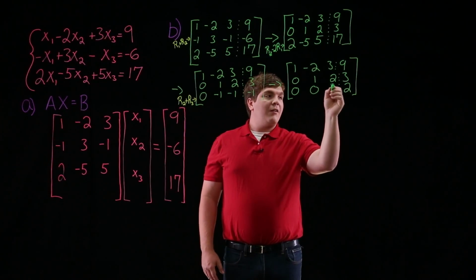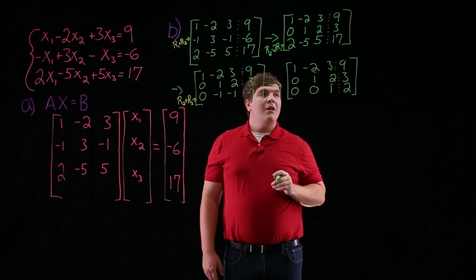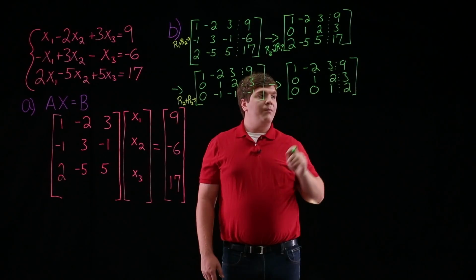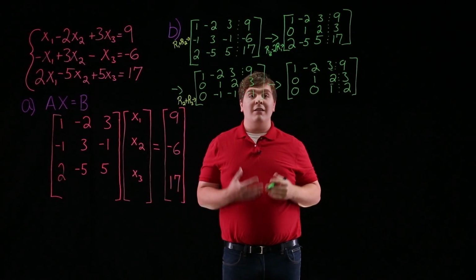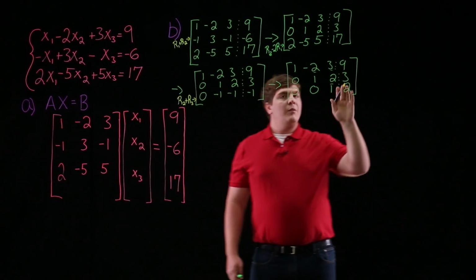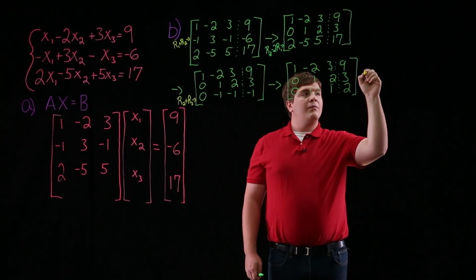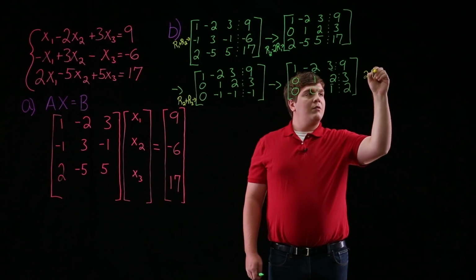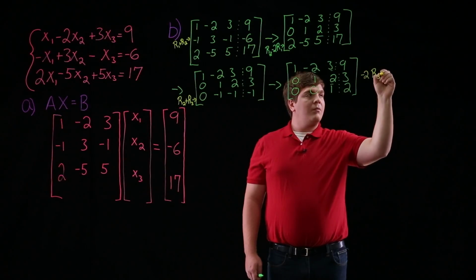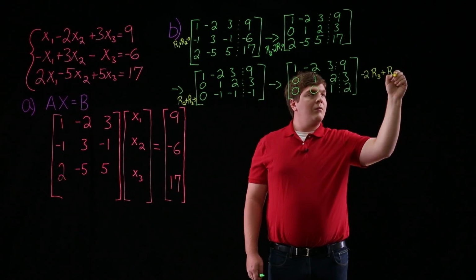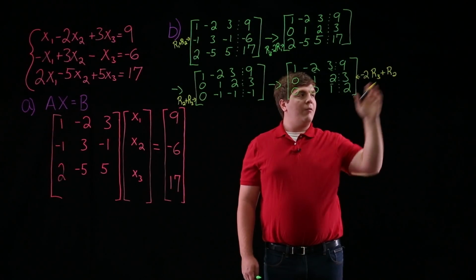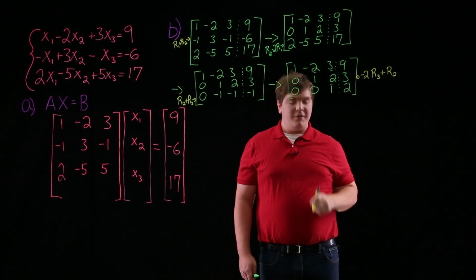So here, we'll want to clear out these three entries. So let's begin by subtracting 2 times the third row from the second row and placing it in the second row. So we'll multiply the third row by negative 2, and we'll add it to the second row and place it back into the second row.